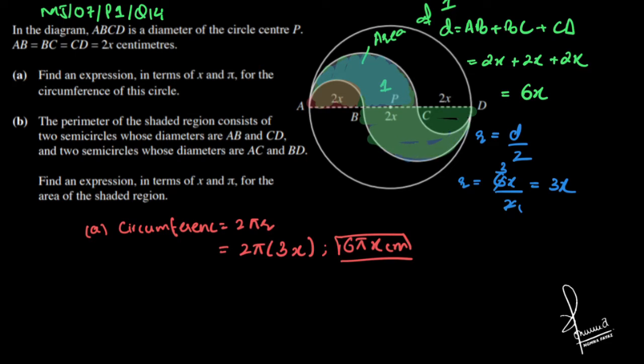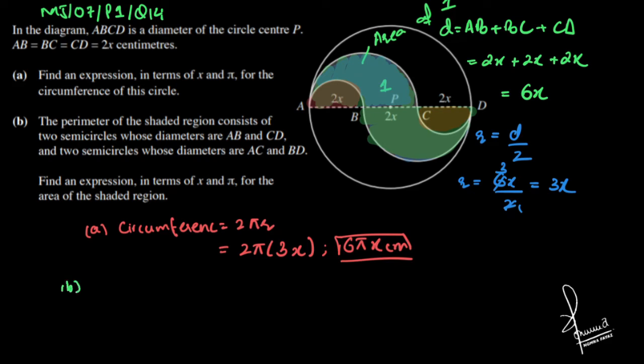Now what is the difference between this area and the shaded region? What is the difference between the area of this whole semicircle and the area of the shaded region? This part is not in it. So what you will do is subtract this smaller area, which is the area of the smaller semicircle, from this bigger area, which is the area of the larger semicircle.